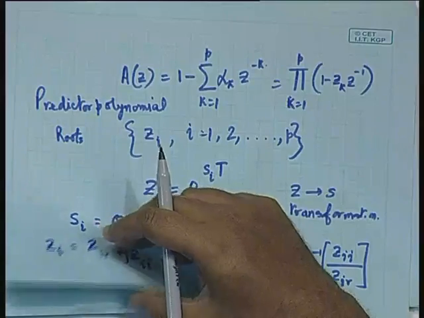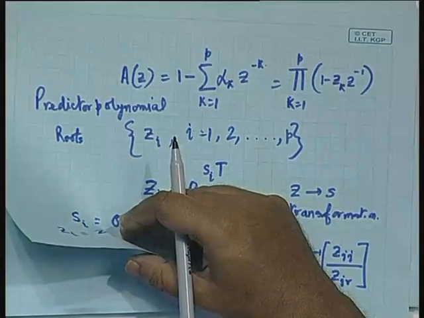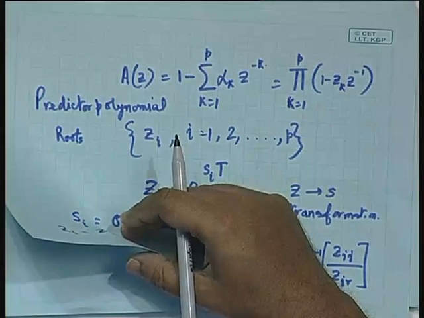Typically, if we have p such predictor coefficients, we are going to allow up to p by 2 complex roots, because the roots will occur in complex conjugate pairs.